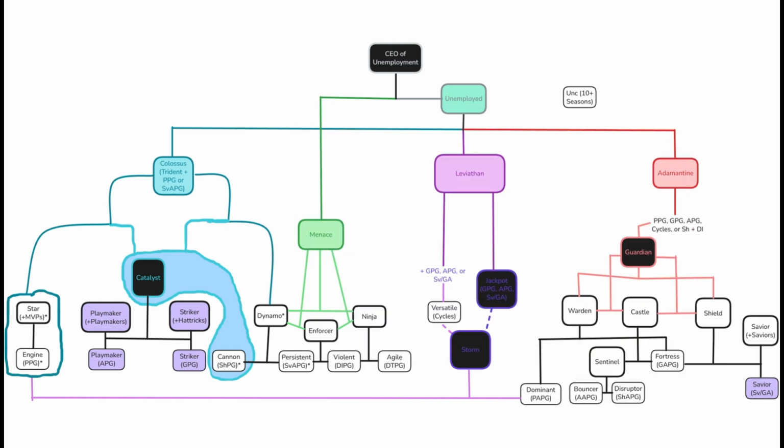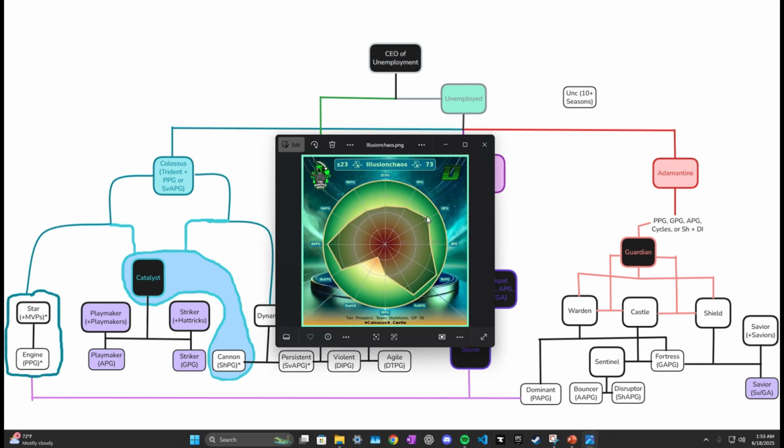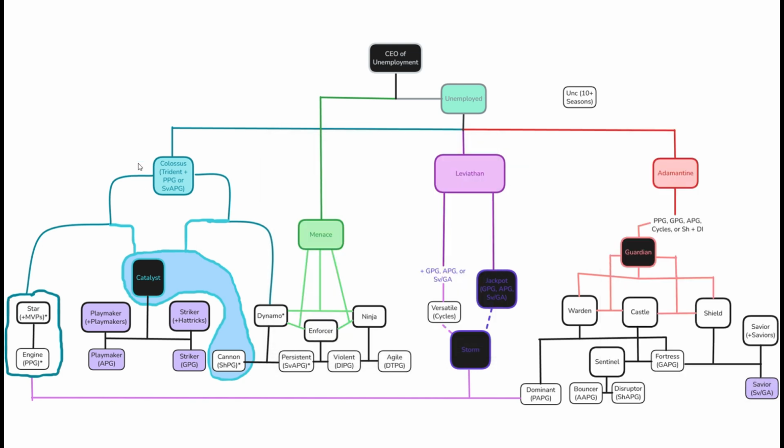Or it'll be like this, where it's not maxed out, so points per game isn't quite as high, but they're always going to be a pretty big threat because of the amount of saves that their team is forcing. And that is how you get Colossus.